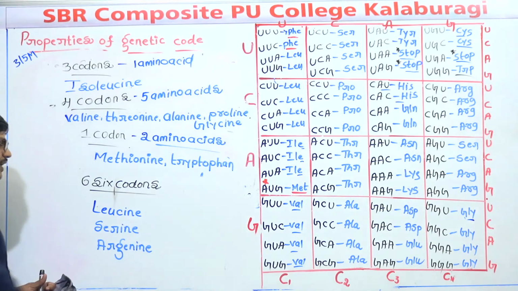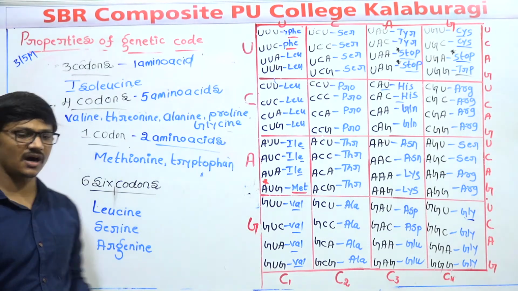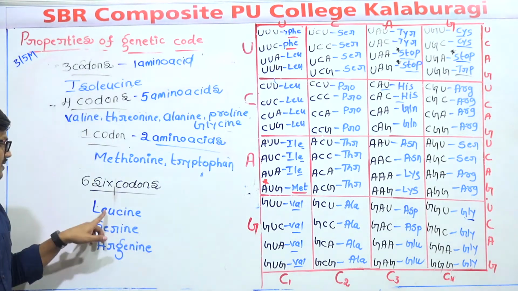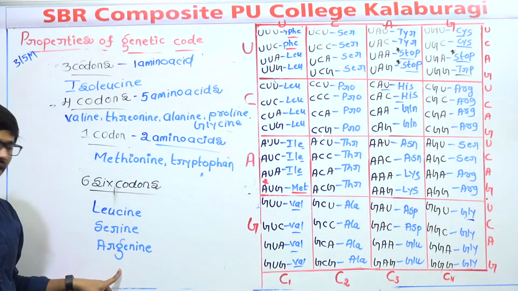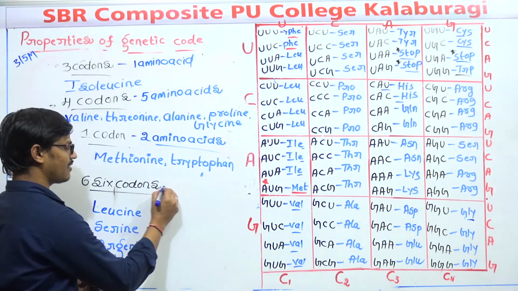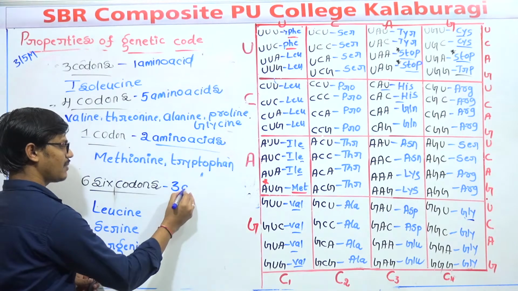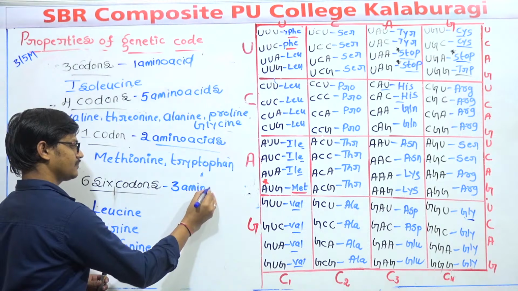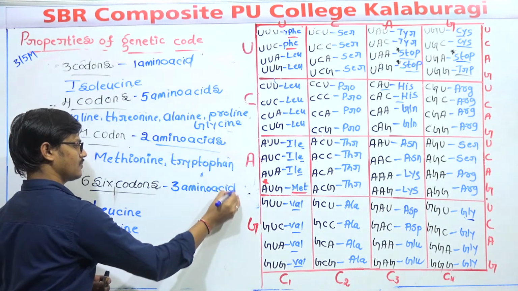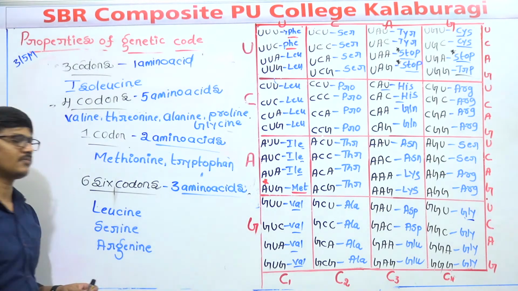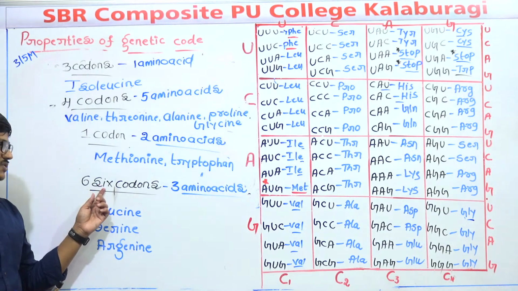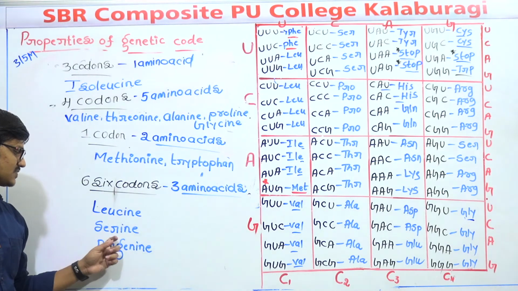So leucine, serine, and arginine. These are the 3 amino acids having 6 codons.